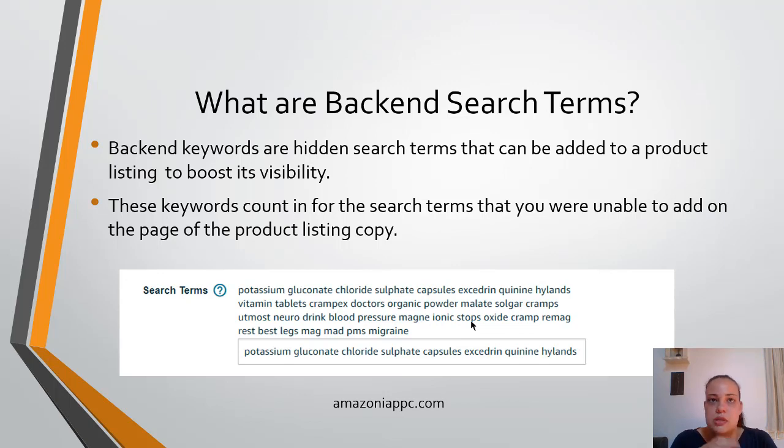I hope this clarification helps you a little so that you know the difference between which keywords you can choose to use in the product title and descriptions, and which ones are good candidates to be used in the backend search terms.